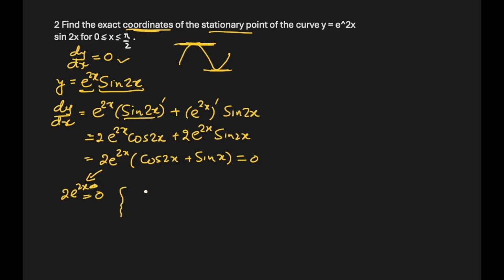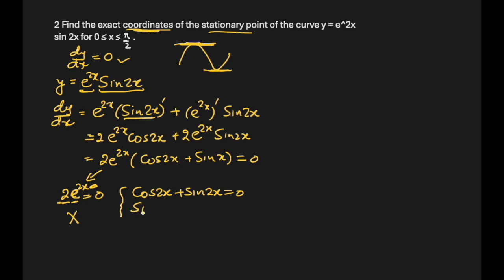or cos 2x plus sine 2x equal to 0. e is a constant, 2 is a constant, they can never be 0 no matter what power you give to them, so there is no answer from here.